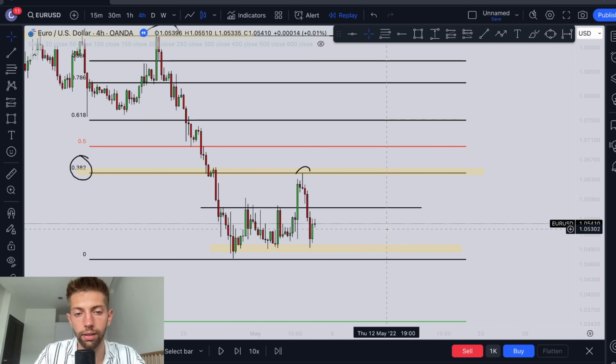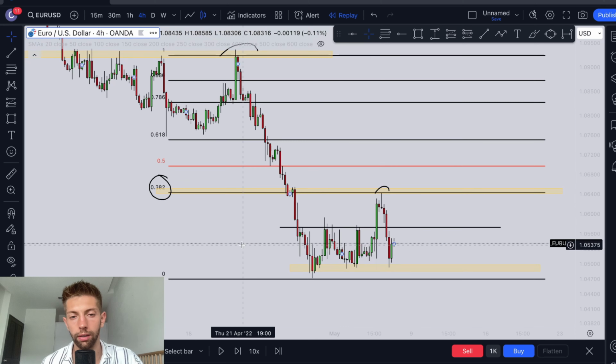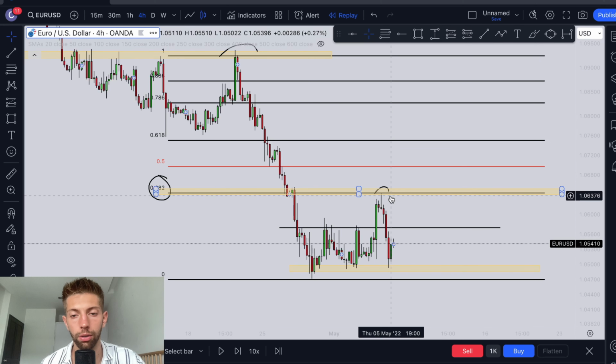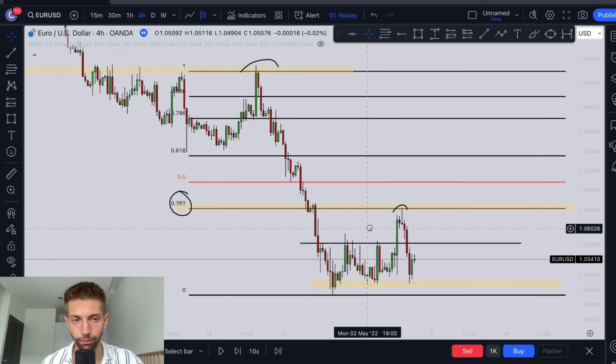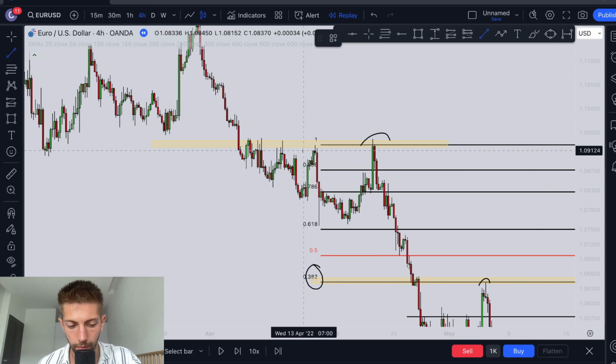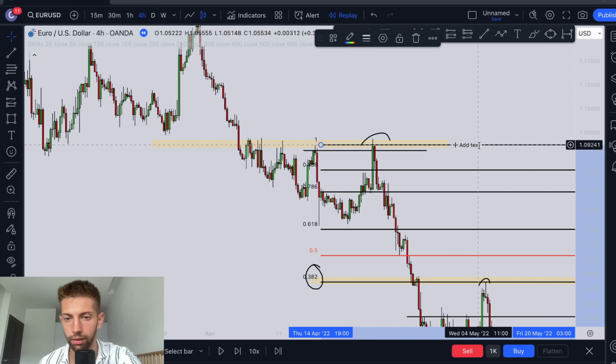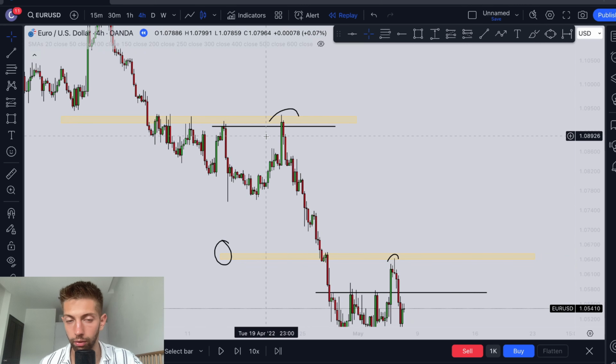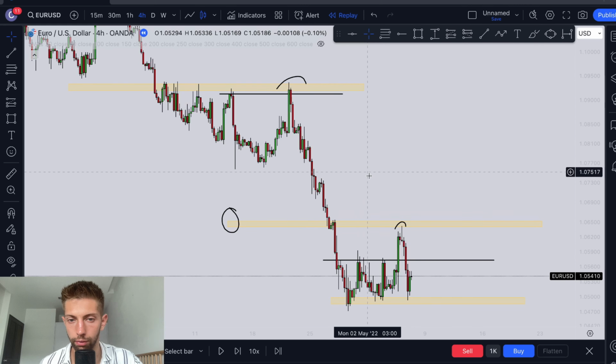So guys, as you can see, it's really important to know when your structure point is valid or not, because here people will think this is a break of structure because they are not using Fibs correctly, and they will be looking for buys and they will lose.